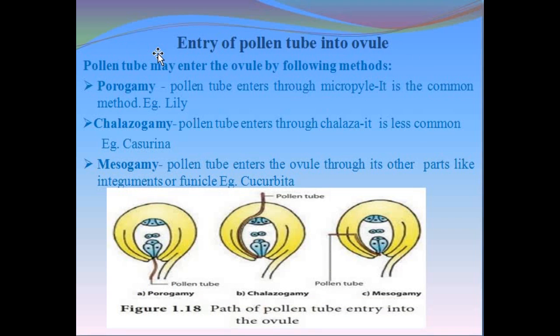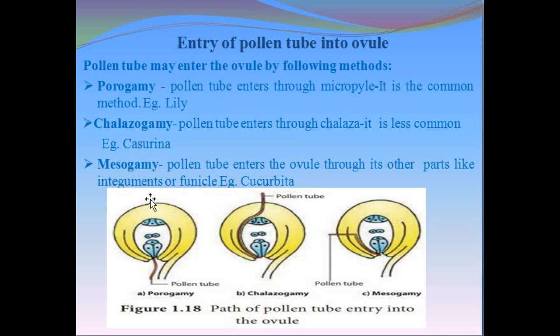Then coming to the next step, that is entry of pollen tube into the ovule. The pollen tube may enter the ovule by following three methods: porogamy, chalazogamy, mesogamy. Before telling this, let me explain the structure of the mature ovule, where there are different structures like the integuments, which cover the outermost layer and open by means of a small opening called micropyle.